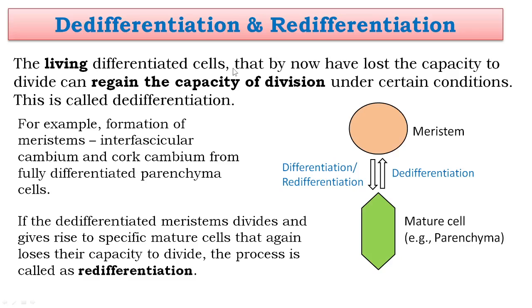If that parenchymatous cell, right, has lost its capacity to divide, but under certain conditions it regains the capacity to divide, if the parenchymatous cell, which is a differentiated form of cell, a permanent cell, regains its property of cell division, then this is called dedifferentiation.